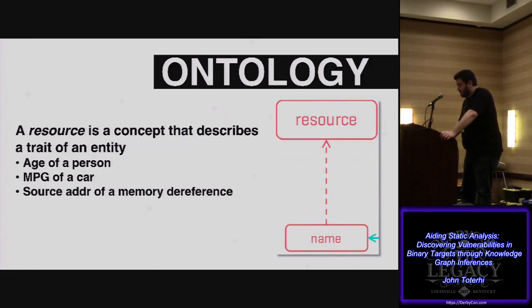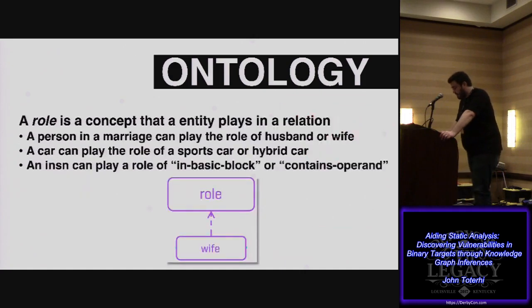So I kind of already talked about this, so I'm going to fly through these sections. An entity could be a person, a car, an assembly instruction in our case. A resource could be the age of a person, miles per gallon, or the source address of a memory dereference, for example. A role, basically a person in a marriage can play the role of a husband and a wife. And a car could be a sports car or a hybrid car, right?